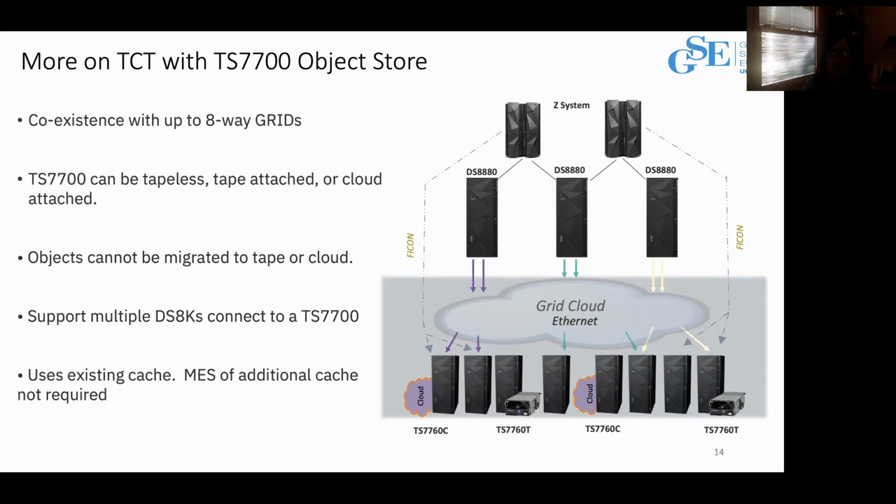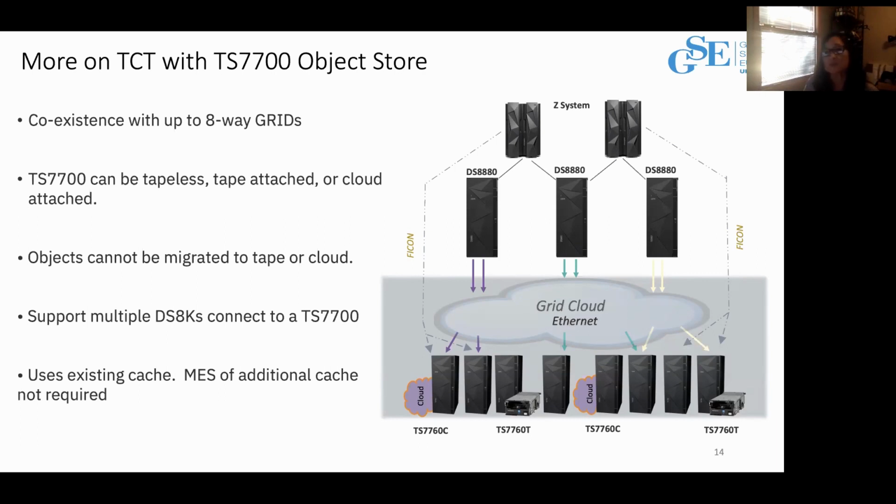Each of these 7700s could be a disk-only system, or tape or cloud attached. What does that mean? This is a tape library extension of your 7700, where we can move logical volume data into physical tape, or we could have an S3 cloud storage device on the back end of our system to move logical volume data out.